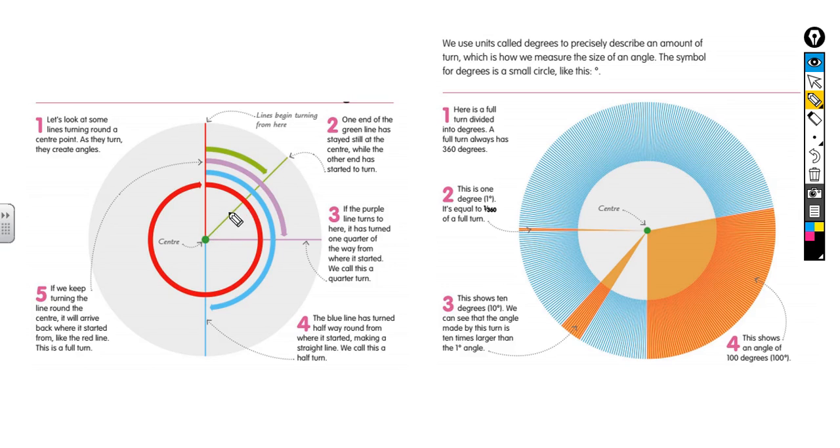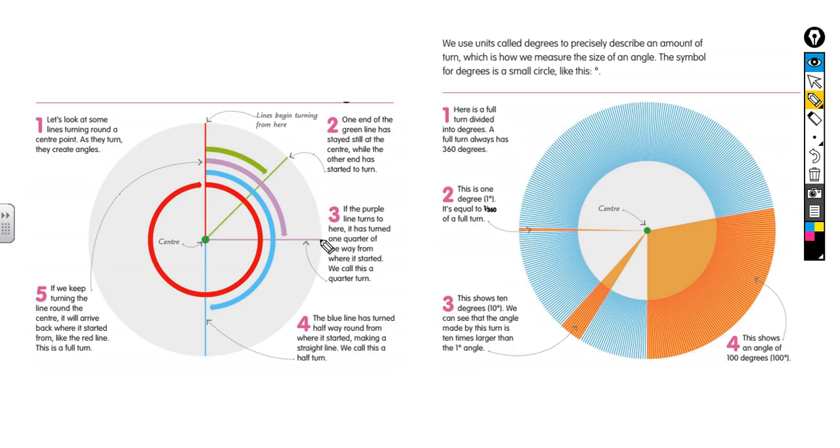What we are talking about with degrees is a way of measuring how far we have moved around. Okay, so here we've got a string. If we move this string all the way around to here, this point has remained fixed. Our string is here. Can you see we have now traveled 1/4 of the way around the circle?